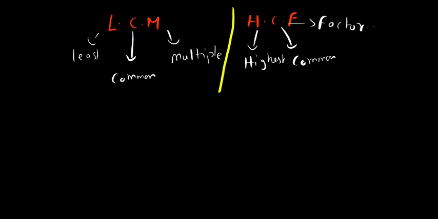We already know what least is. Least means the lowest one. We know what common means. Common means what is in both things, or if you take three numbers, it has to be in all three, right?